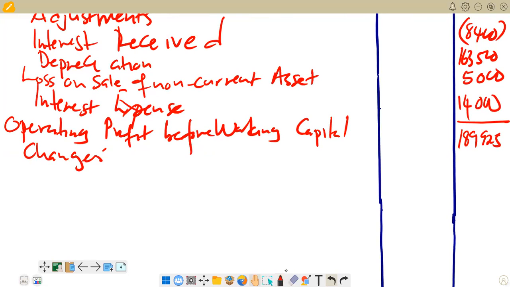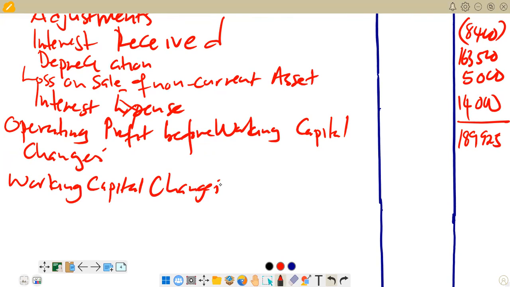So if you come here now, we now say working capital changes. And we said working capital basically is calculated as current assets minus current liabilities.